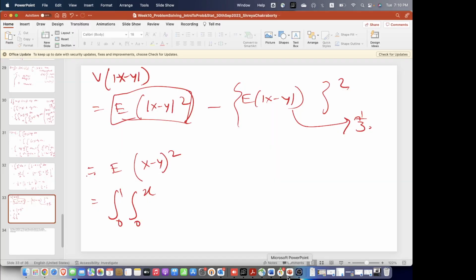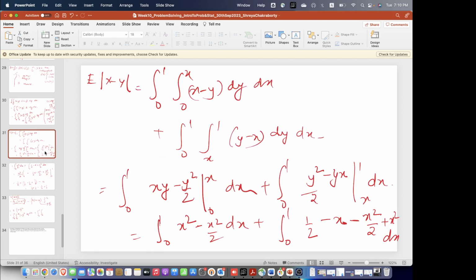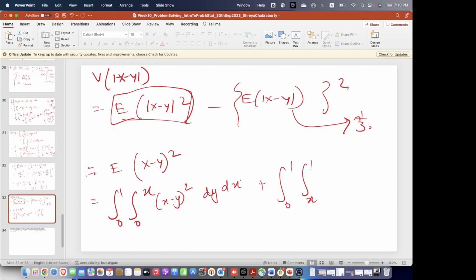But even then, it would be x minus y whole square dy dx, plus when it's the other way round, when y is from x to 1, we would have the same thing, x minus y whole square dy dx.